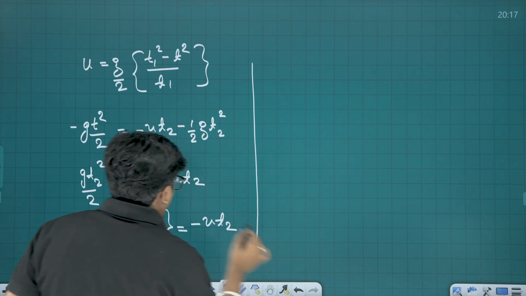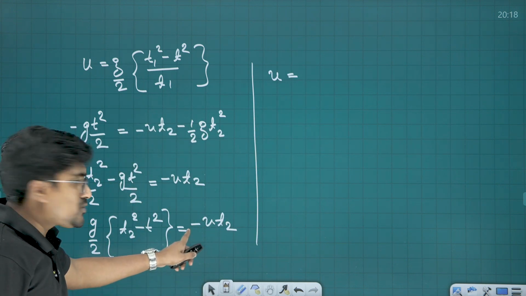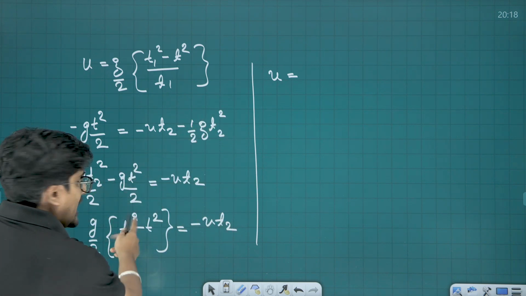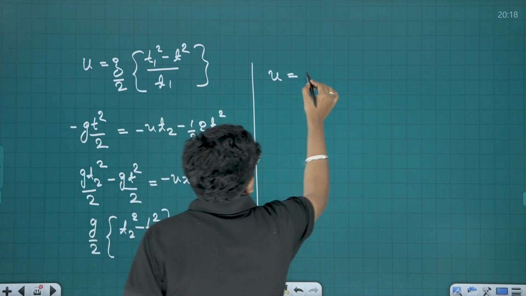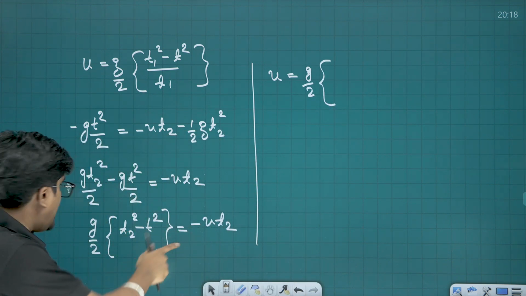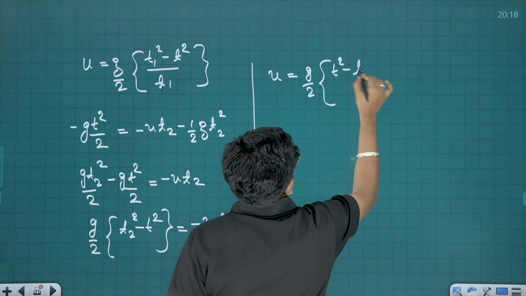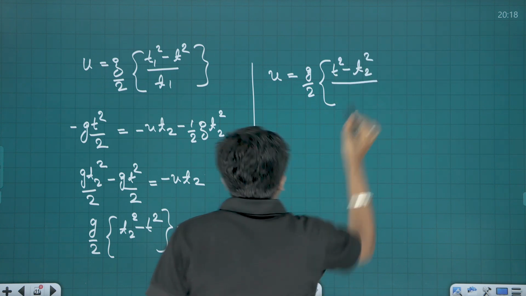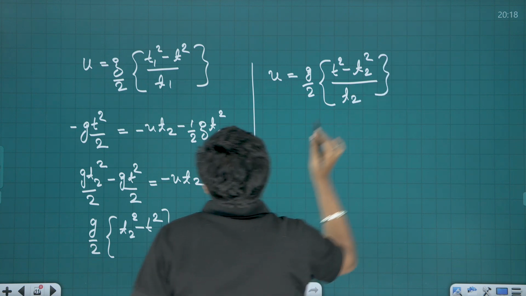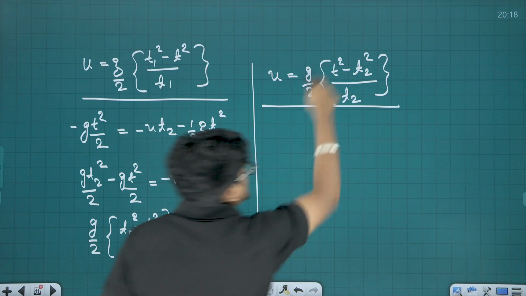Alright, now I can have u, taking u only, so here the sign will change. u is going to be g by 2 into t square minus of t2 square, all divided by t2. Now you have got one expression for u here and another expression for u here.